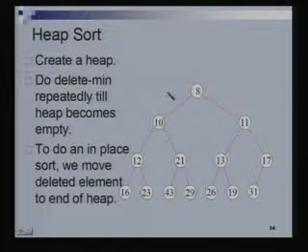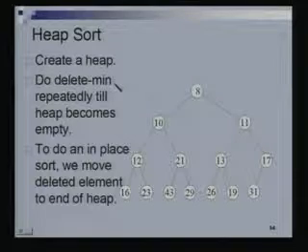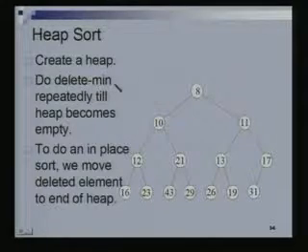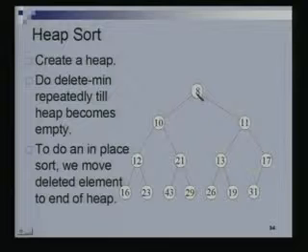Now the contents of the array are basically 8, 10, 11, 12, and so on, in this order sitting in the array. Now when I delete the minimum element, where does it go? Where would I put this element? Because I don't have any additional space. So now what we are going to do is, when we delete this element, we are going to put it at the end of the heap.